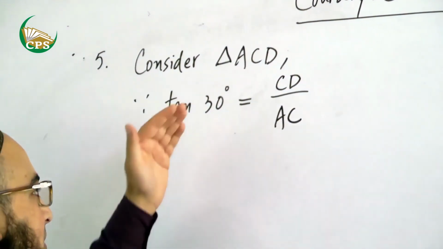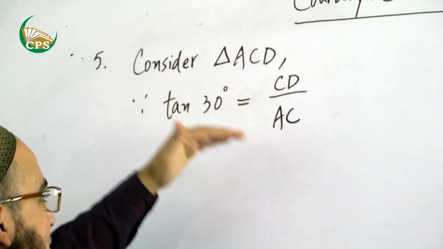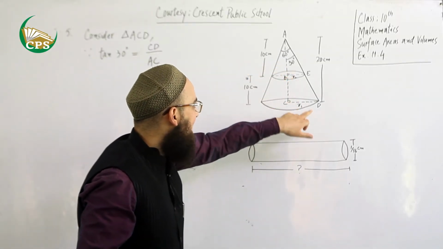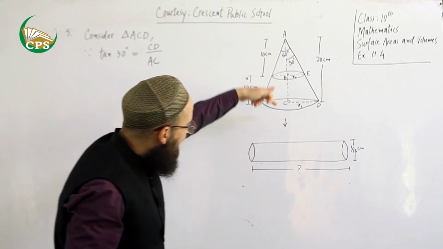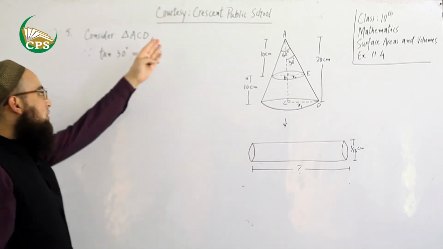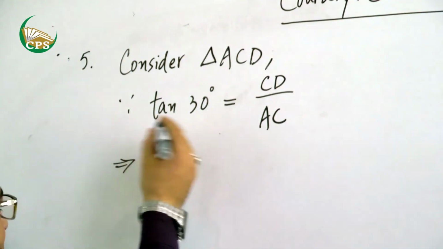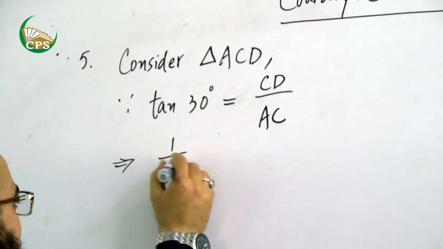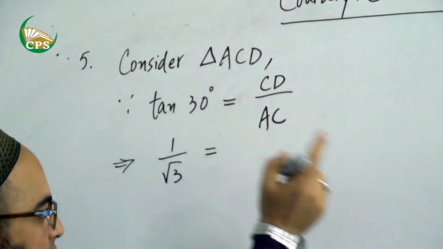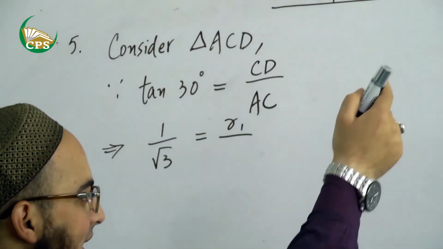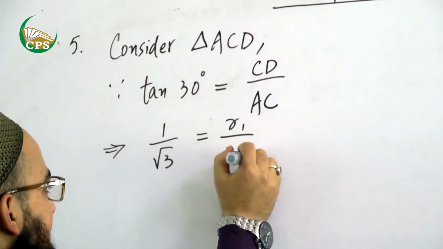Or you can say perpendicular by base. For 30 degree perpendicular is CD and base is AC. So either way you are getting CD by AC, which implies tan 30 is 1 by square root of 3, which is equal to CD, that is R1, divided by AC, that is 20.